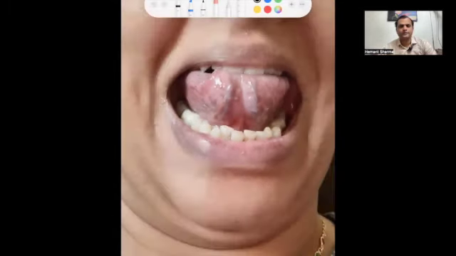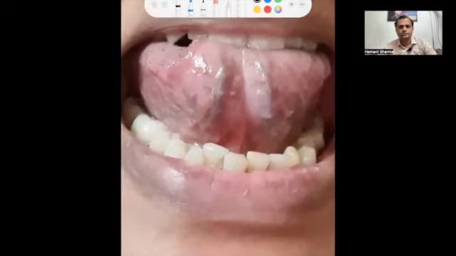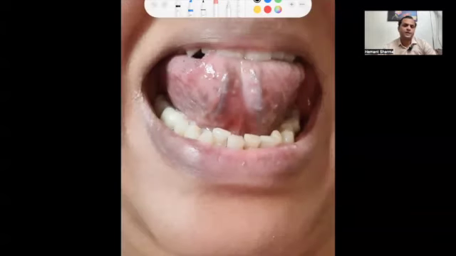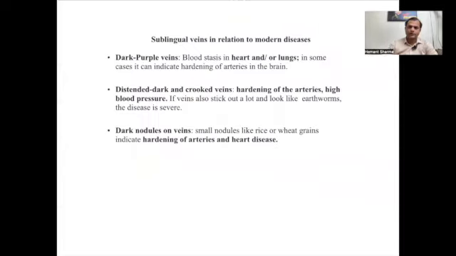So nodules are telling about hardening, blockage, hardening of the arteries.